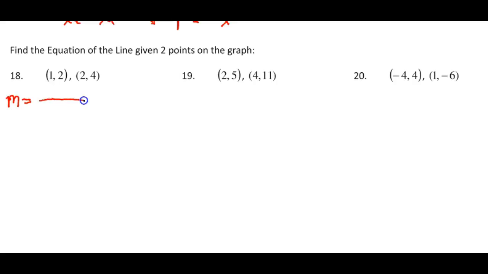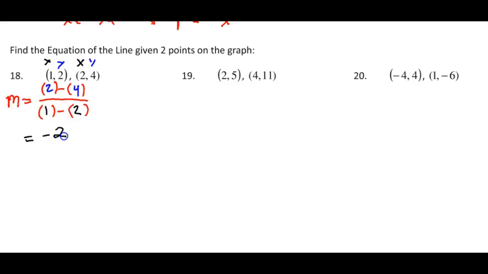So I'm going to always set these up with subtraction in parentheses, just in case I have negatives. So the y's go on top, so I got a 2 and a 4, and then we'll have x's on the bottom, 1 and 2.